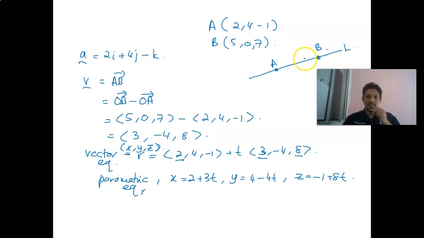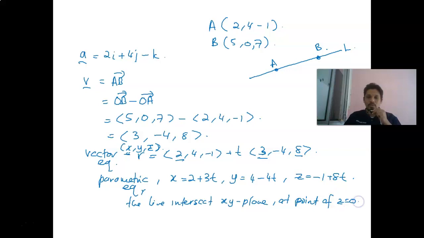The xy plane is the plane of the x and y axes, so the line intersects it where z equals 0.